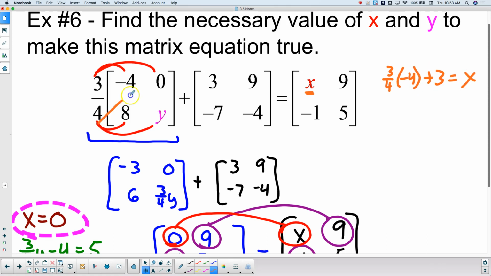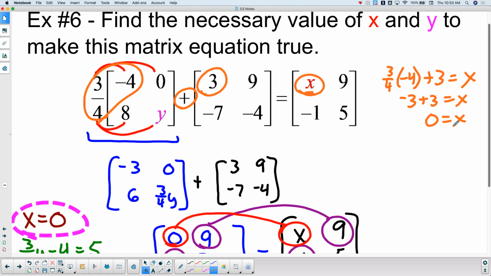I take this plus that equals that. Okay? So I get -3 plus 3 equals x. 0 equals x.